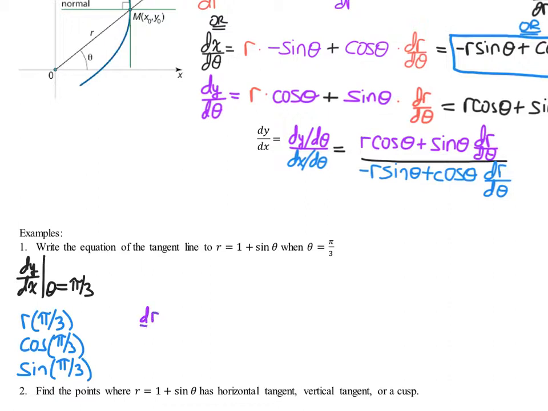So I would make a note, dr d theta is equal, first off, to cosine of theta. But then I would say dr d theta at theta equals pi over 3. Just figure out all these bad boys right off the bat, and then do my plugging and chugging.